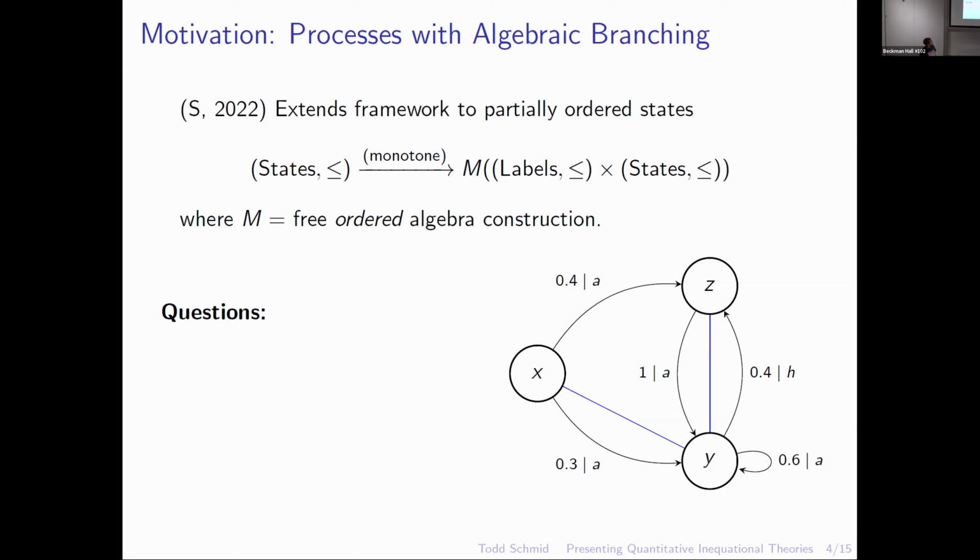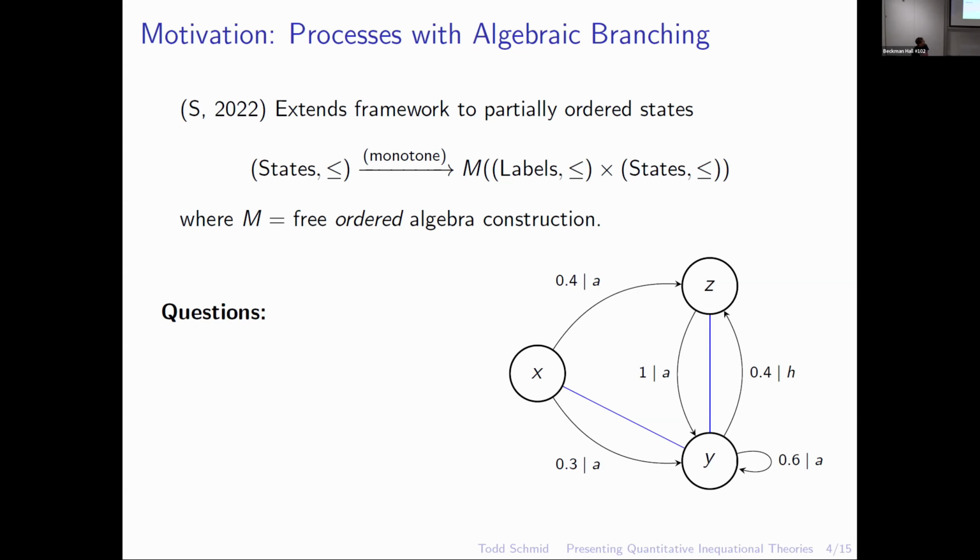Now, I'd really like to be able to write these things down, but the problem is I still have an M here, and it's a bit unaccounted for. Because in order for me to talk about monotonicity, this M not just has to construct the free algebra, but it has to construct the free ordered algebra.